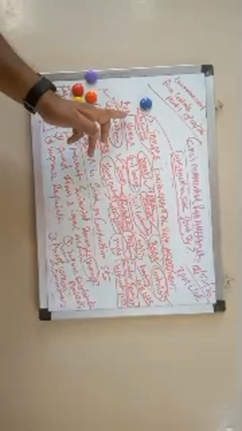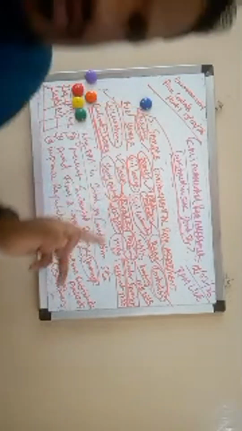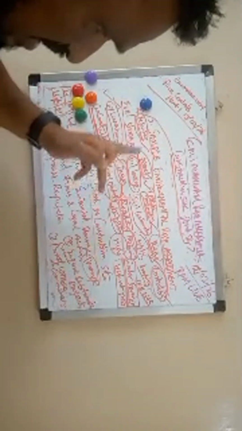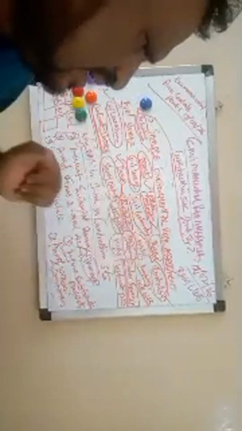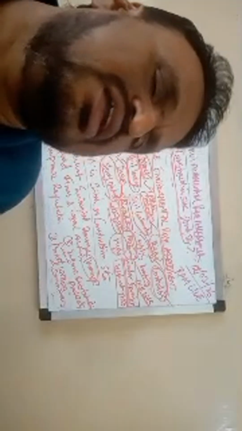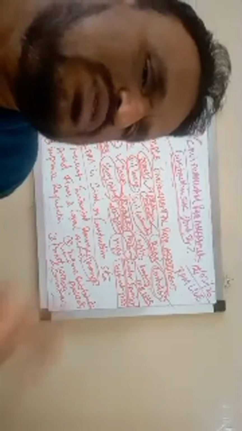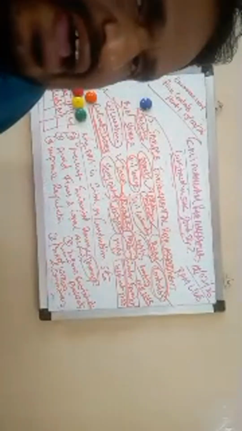So fuel storage is the activity, oil leakage is the environmental aspect in the construction site, soil contamination is the impact, and the risk level is high. Because when soil is contaminated, flora, fauna, microbes and water get affected. That's why the risk level is high.